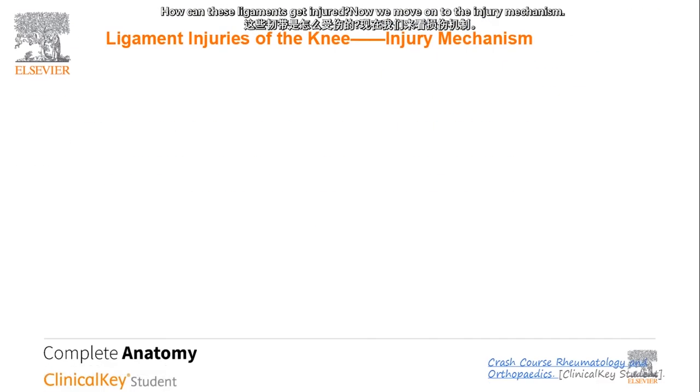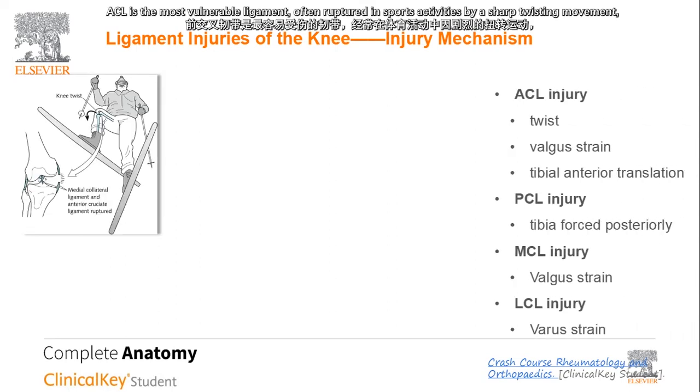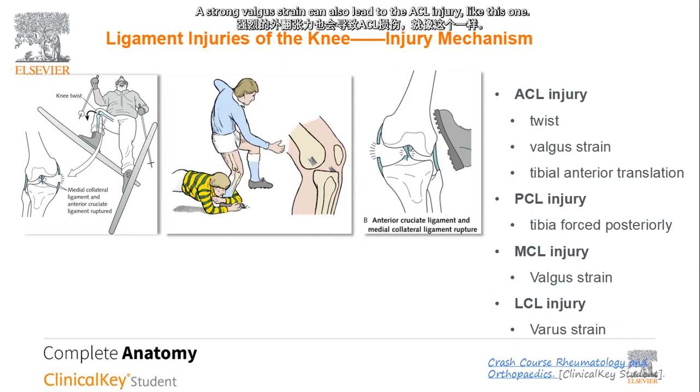How can these ligaments get injured? Now we move on to the injury mechanism. ACL is the most vulnerable ligament, often ruptured in sports activities by a sharp twisting movement or by a tackle which pushes the upper part of the tibia forwards. A strong valgus strain can also lead to the ACL injury, like this one.